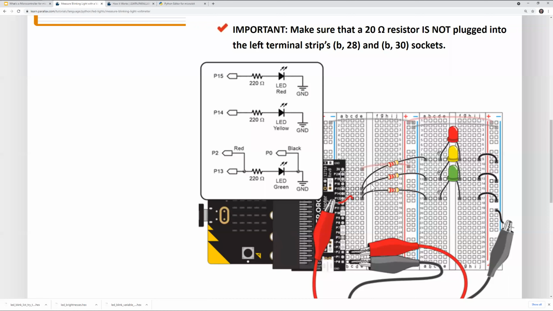So we don't want to take anything off. What we want to do is just leave everything on there that we've got, and then simply connect the alligator clips in these two positions shown here to P13 and to the rightmost socket by the blue line.